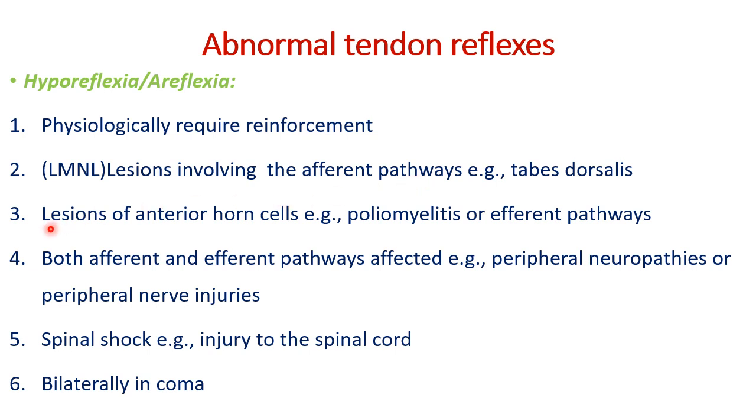Or there can be lesions of the anterior horn cells, that is, the anterior horn cells which send the efferent fibres are themselves disrupted due to any disease, for example poliomyelitis, or the efferent pathways are disrupted due to any trauma, any tumor, or any obstruction in the pathway, or due to any sclerotic diseases.